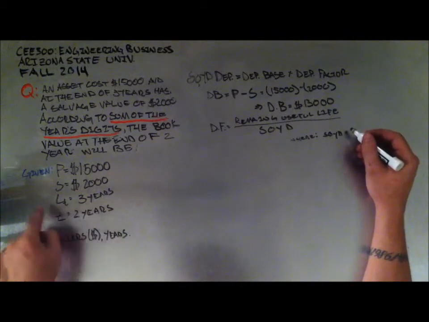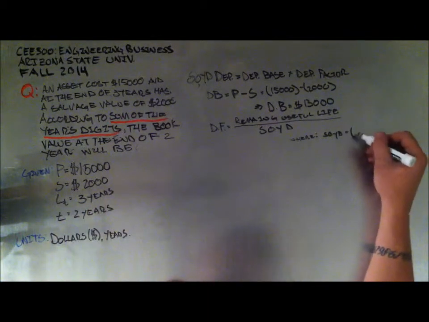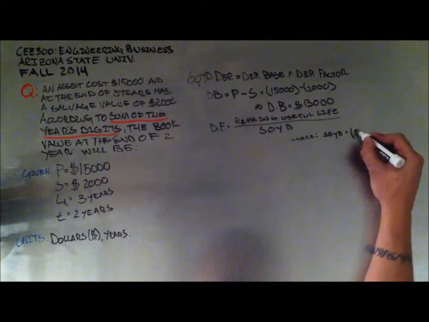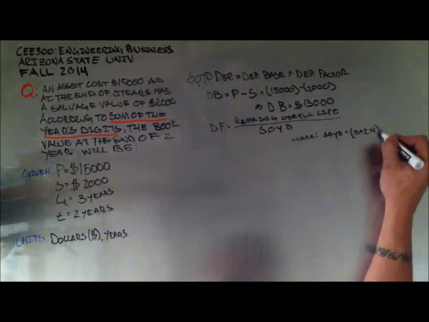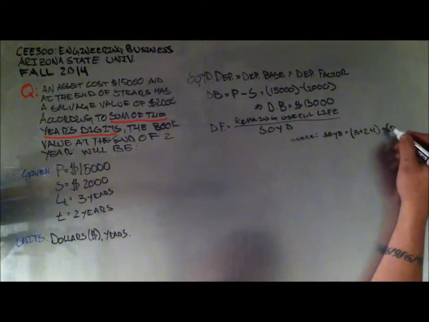For example, our useful life will be 3 years, so the sum of the year's digits for this problem statement will be 3 plus 2 plus 1, and this will be equal to 6.